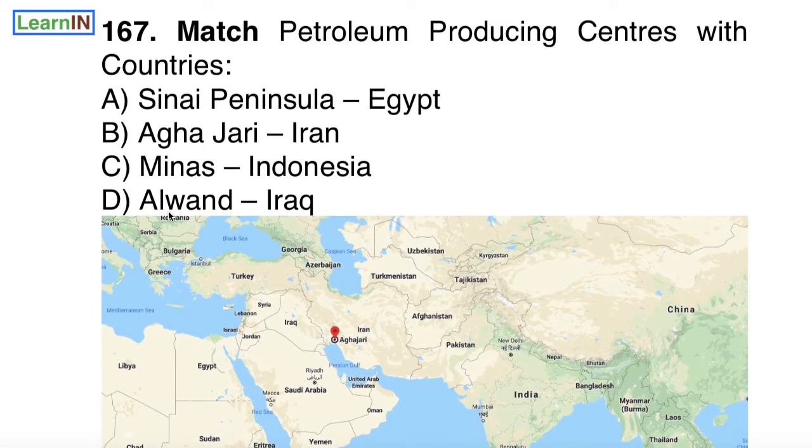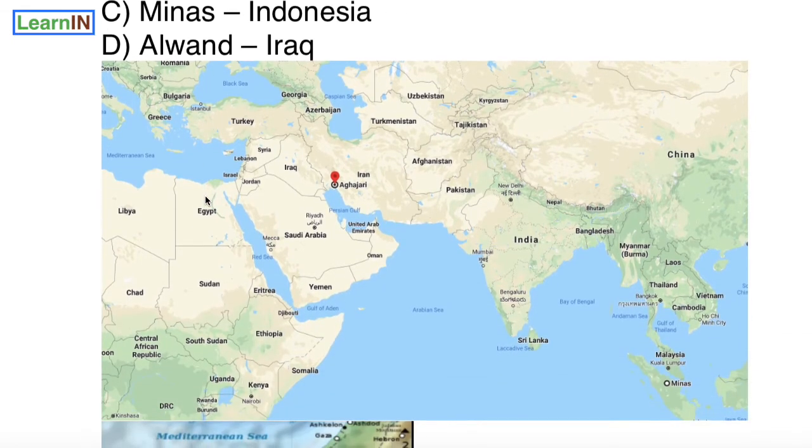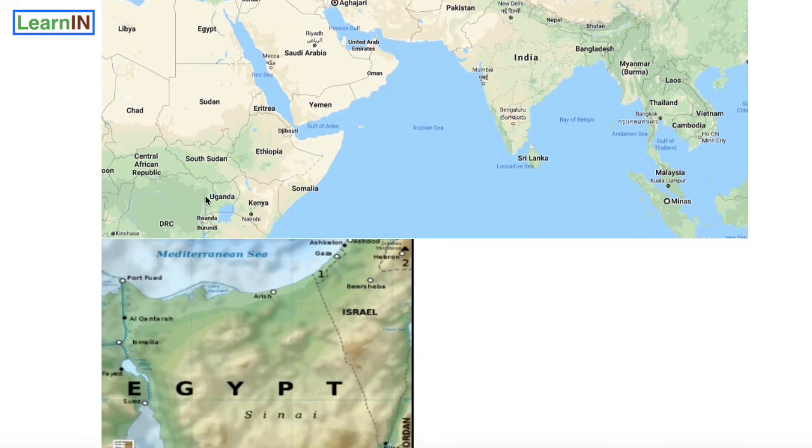And Alwand is in Iraq. In this portion there is a river named Alwand river, and that region comes under Iraq. So keep in mind, these all are petroleum production centers.